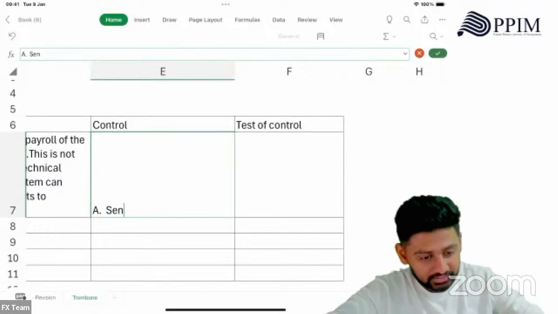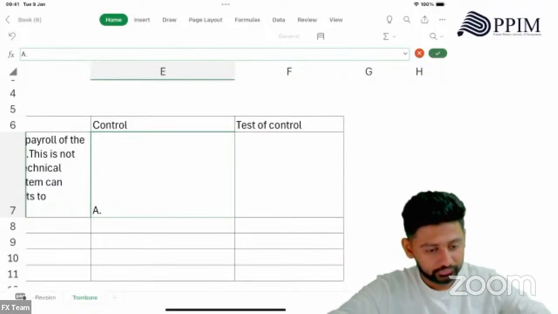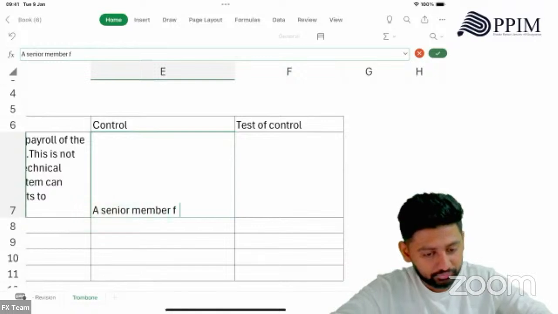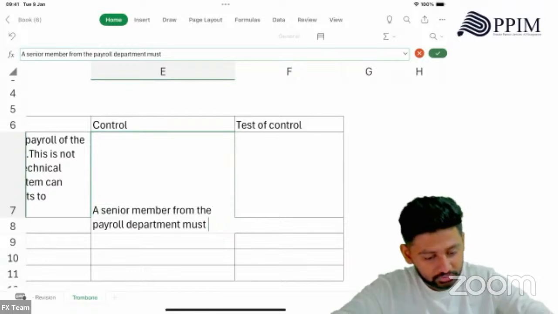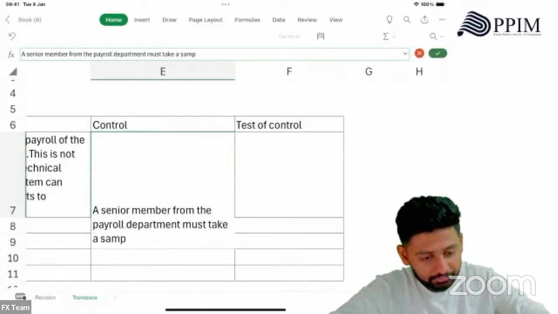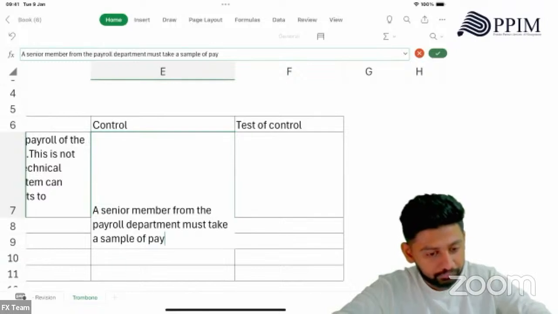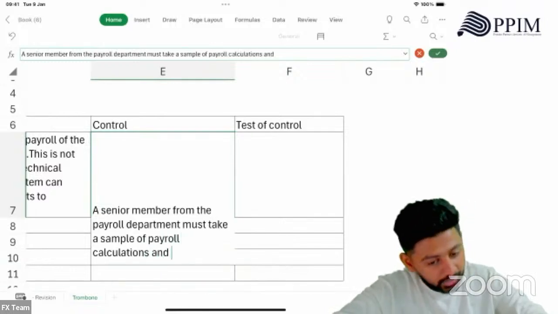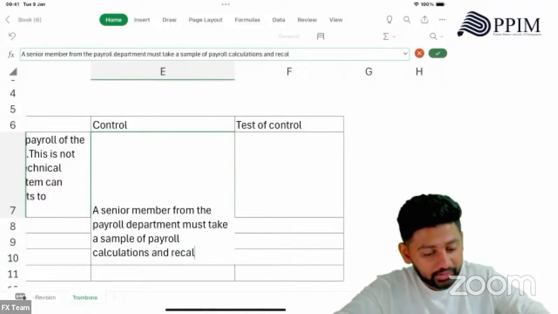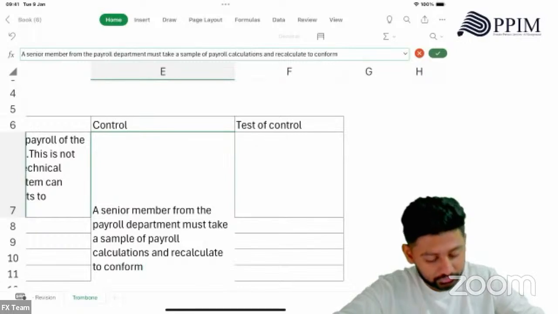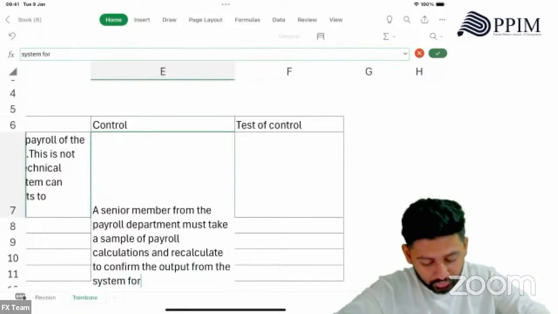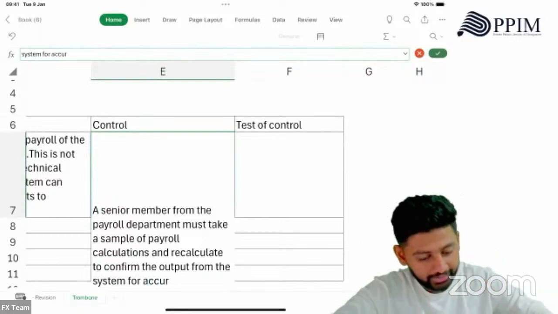So a senior member from the payroll department must take a sample of payroll calculations and recalculate to confirm the output from the system for accuracy.